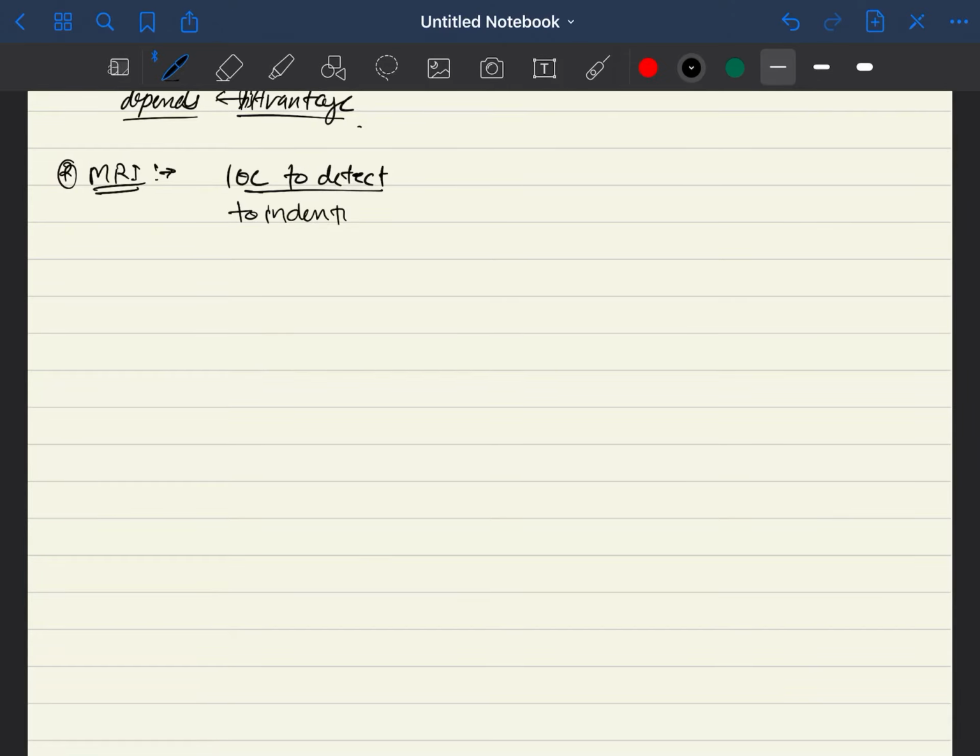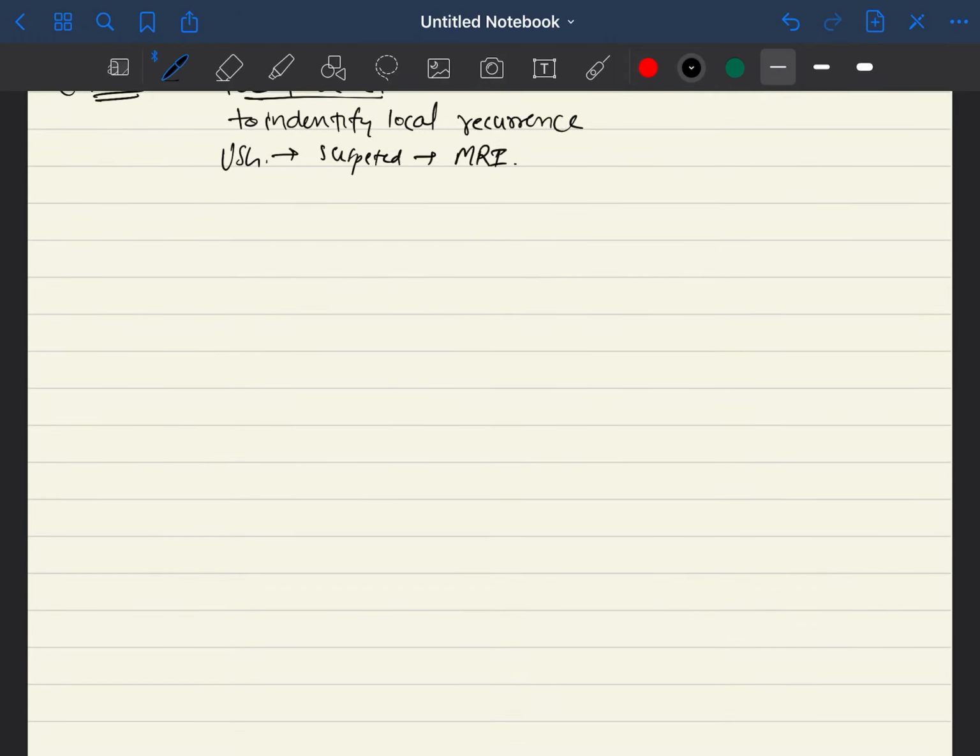And also, if USG is suspected to be false, then we can go for the MRI, right? Now these are the basic choices we have already read.